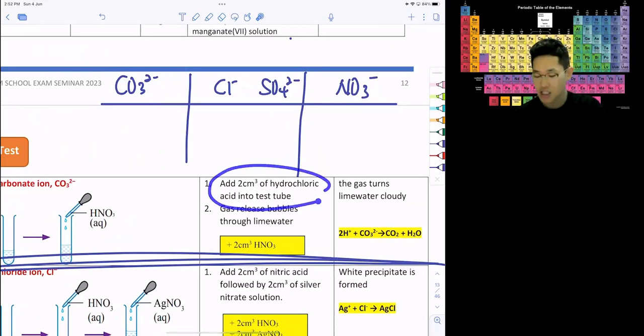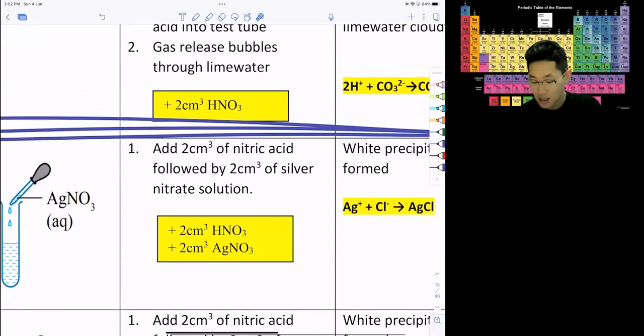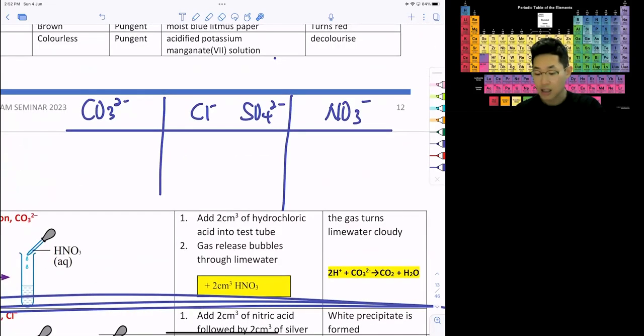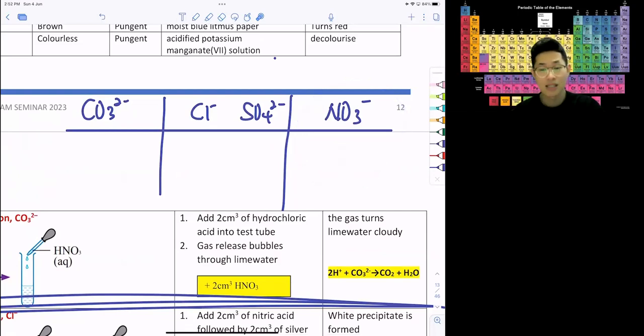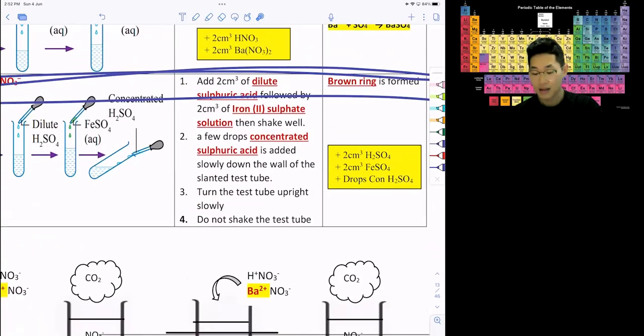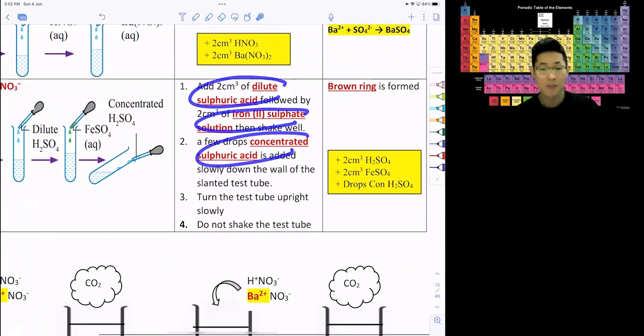You see, just add the acid, then they get the result. Second, 2 steps, of course. You see, add nitric acid, add silver nitrate solution, 2 steps. Last column, 3 steps. Acid, iron II sulfate, concentrated sulfuric acid, 3 steps in total.